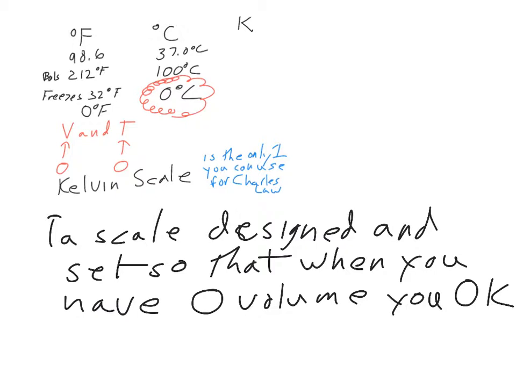Creating a mathematically valid relationship. Because if volume and temperature are directly related, when you have 0 of one, you should have 0 of the other.